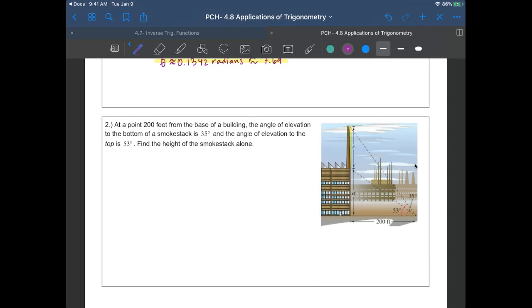So for this one right here, the tangent of 35 degrees is equal to just the bottom part, which is A, over 200. And then separately, the tangent of 53 degrees is equal to A plus S, so the whole height, over 200 feet.